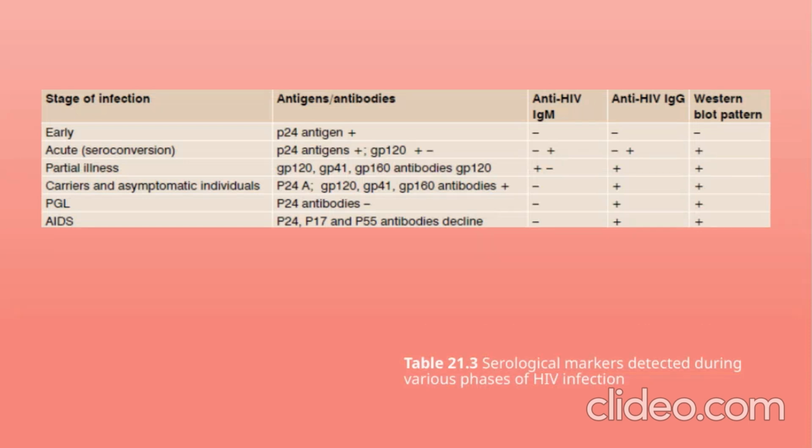Let's take a closer look at Table 21.3, which outlines the serological markers detected during various phases of HIV infection. As the infection progresses, different antibodies and antigens appear and disappear, which helps us understand how the immune response evolves over time. In the initial acute phase, we typically see the presence of the P24 antigen, which is part of the virus itself. This marker appears early, often before symptoms develop, making it useful for early detection.